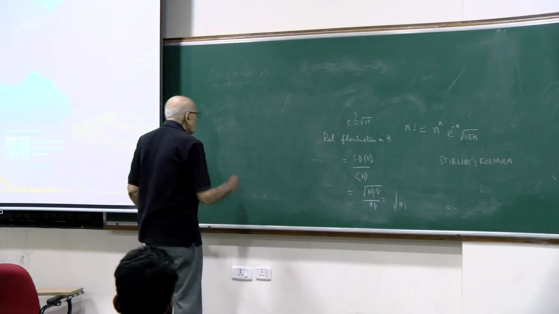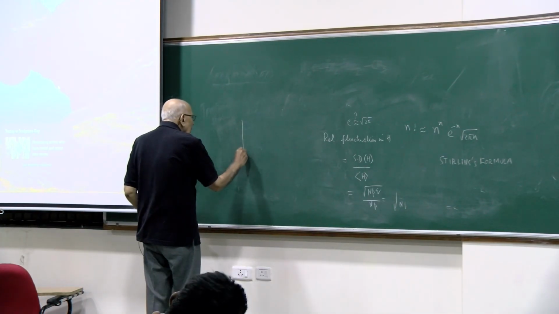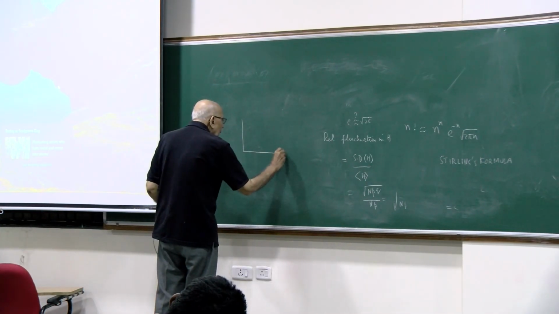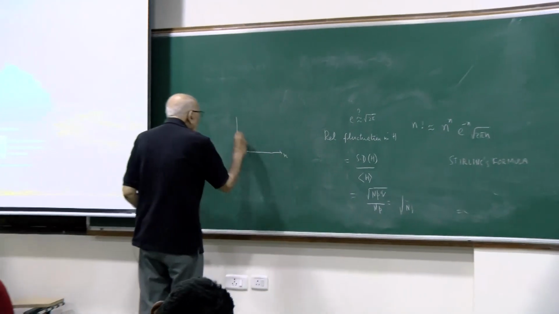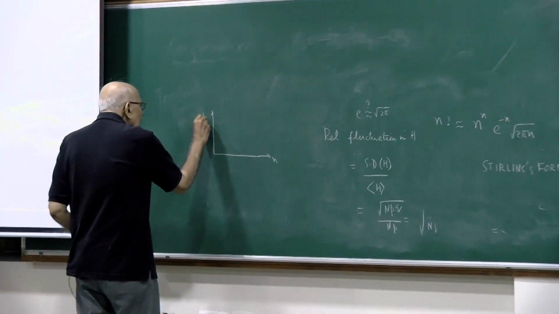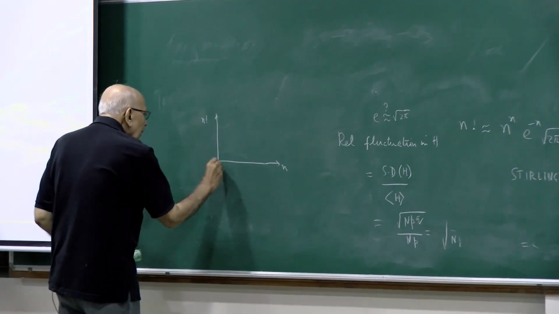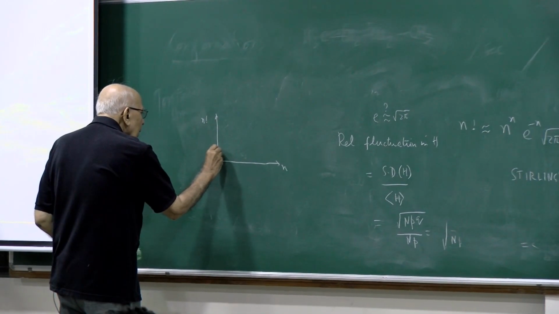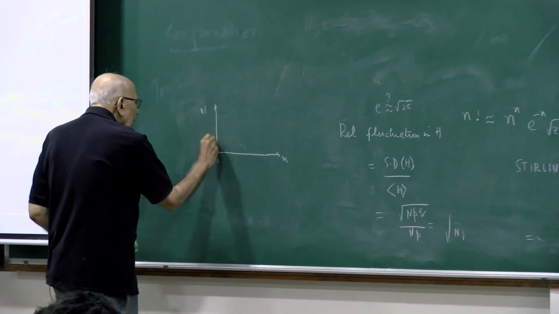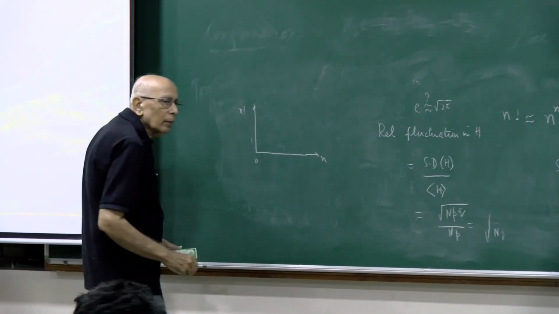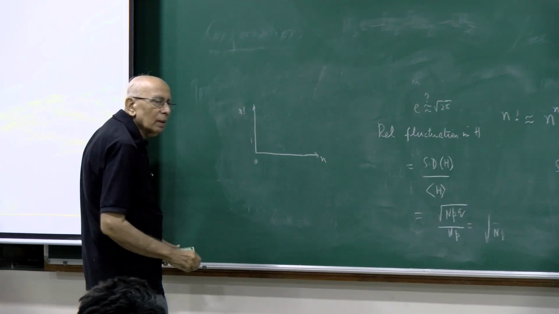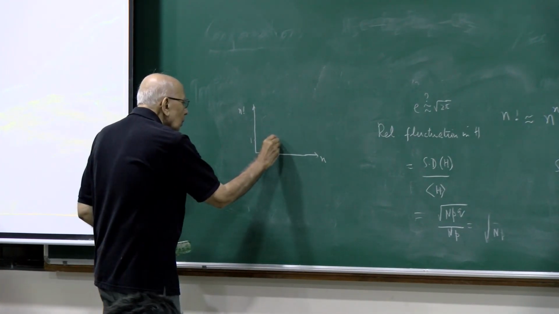the story starts like this. Suppose I plot, as a function of n, n factorial. What do you get? At n equal to 0, 0 factorial is by definition 1. What's 2 factorial? 2 factorial is 2.